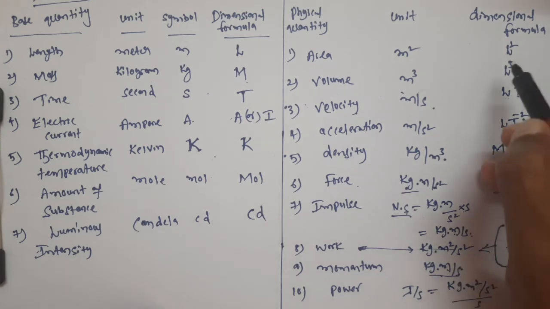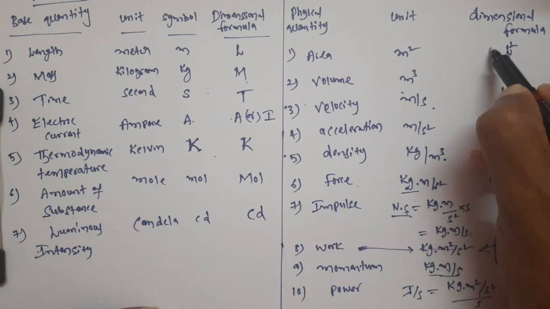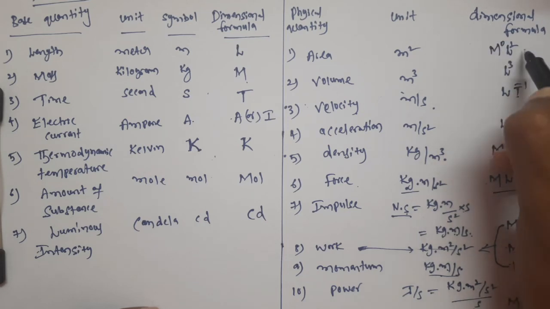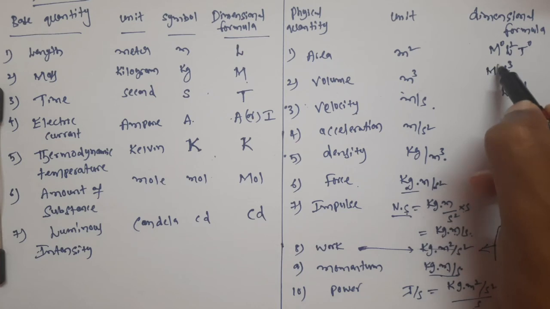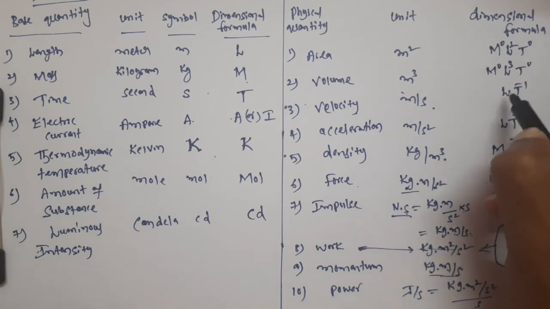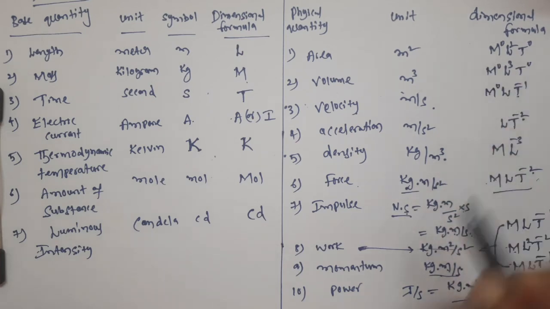So instead of writing L power 2, we also write M power 0 and T power 0. If M and T are not present, usually we write it as M power 0 and T power 0. Anything to the power of 0 is 1, right? So usually we write like this.